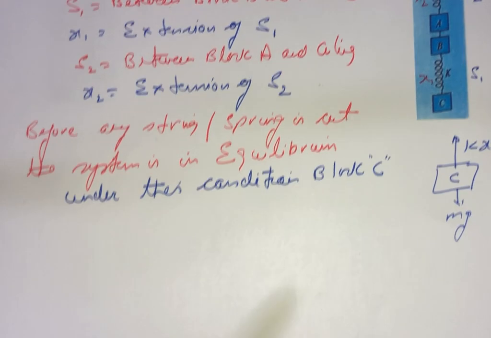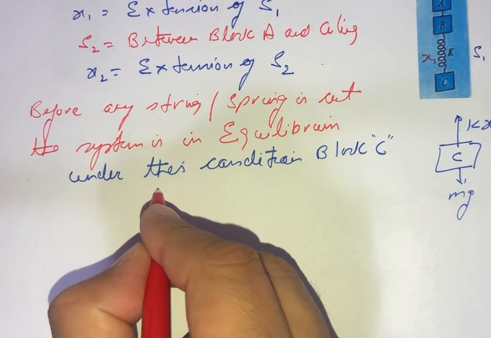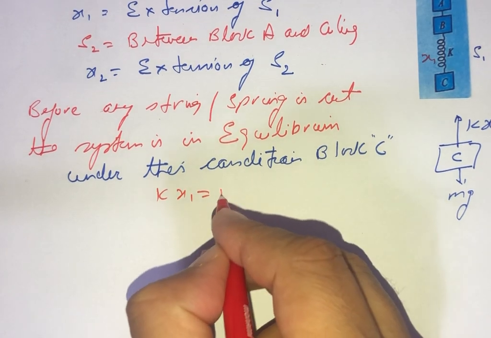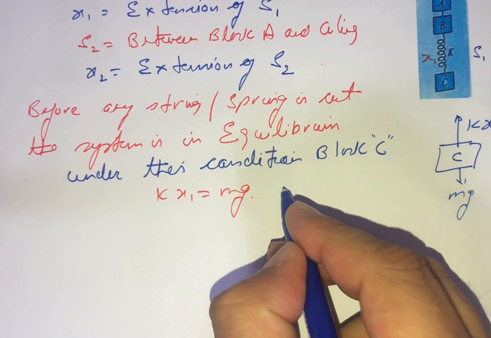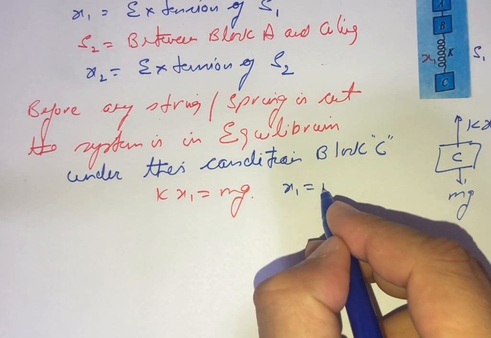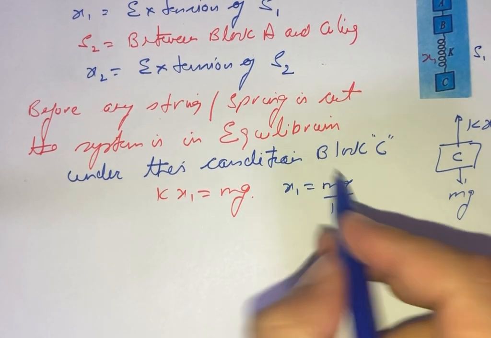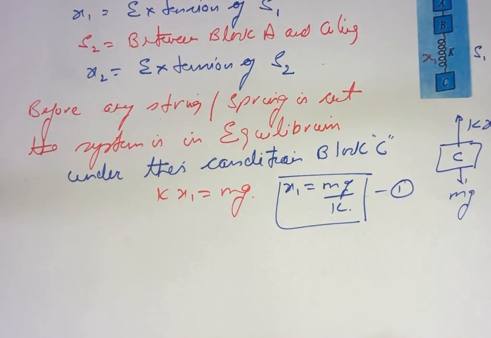So from here we can write that Kx1 will be equal to mg, or we can say that x1 is equal to mg divided by k. Let us call this equation number 1.